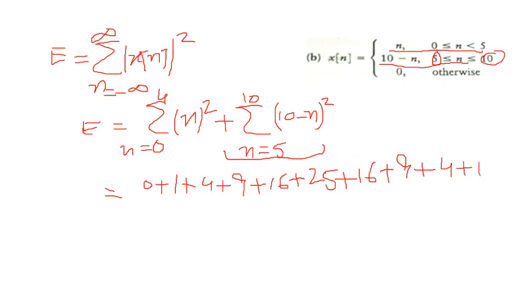So by summation you can get the result. It's similar, right? Maybe I have made some mistake, but you can use a similar approach. So this is for the energy.